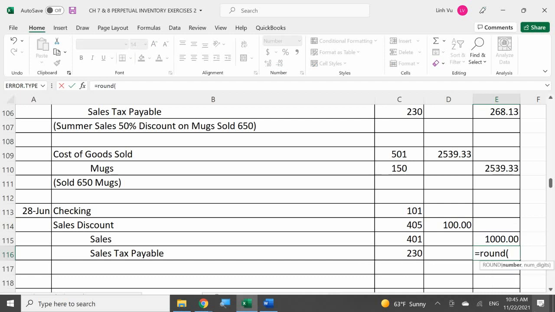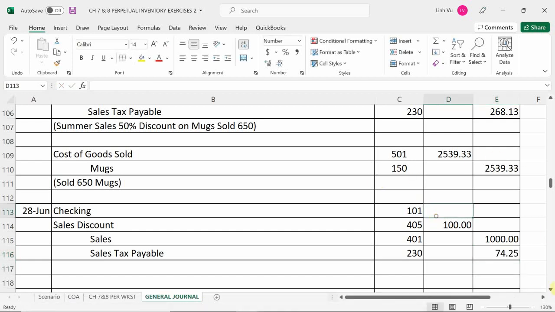It's going to be 1,000 minus 100 gives you 900, at 8.25%, which is 74.25. So you should be receiving a total of $974.25 directly to your checking account.